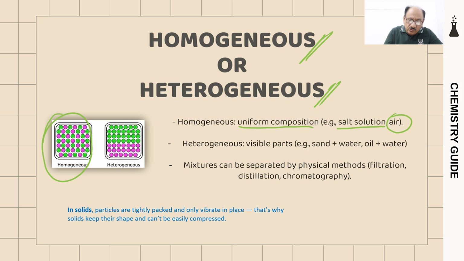Heterogeneous means it is in different parts, like sand and water, or oil and water. These are separate. The molecules are not mixed up equally like in the homogeneous case. In heterogeneous mixtures the molecules are separate; they are not mixing up uniformly.